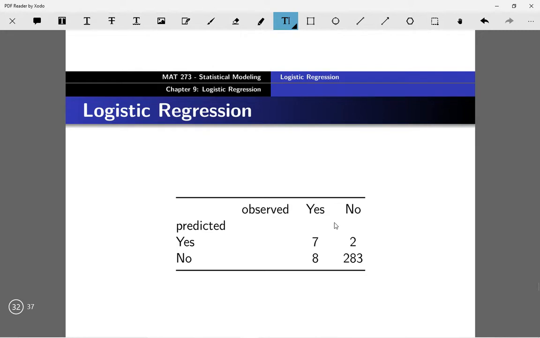I do want to point out, though, that it certainly depends on the context, right? So this is just email. So maybe incorrectly identifying an email as being spam when it's actually not is not too big a deal. But when you're thinking about screening for certain types of cancer or some sort of setting like that, it's really important to think about what a false positive or a true positive means in those types of testing situations.